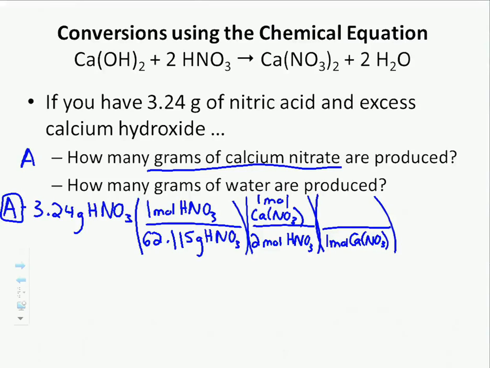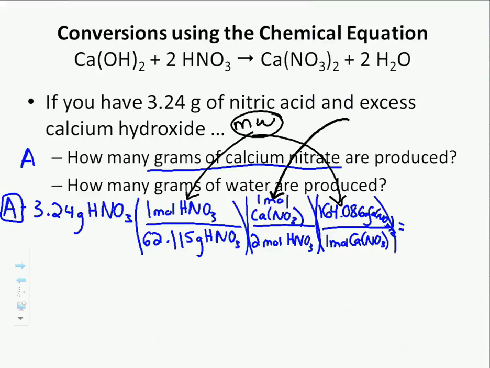Then we need 1 mole of calcium nitrate. We need our molecular formula. So calcium nitrate is 164.086 grams of calcium nitrate. So notice what we have done here. We have used molecular weights twice. One was to convert from grams of nitric acid to moles of nitric acid. The other was to convert from moles of calcium nitrate to grams of calcium nitrate. But they're both using the molecular weight.